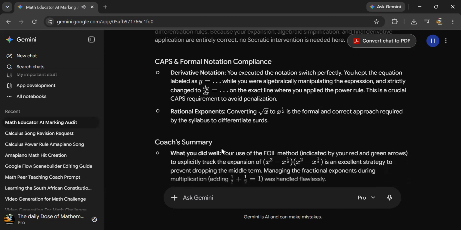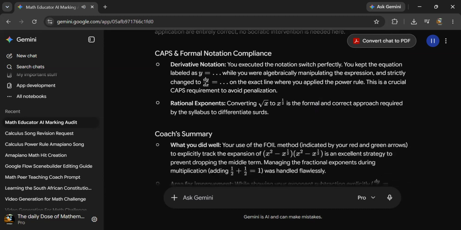CAPS and formal notation compliance. Derivative notation. You executed the notation switch perfectly. You kept the equation labeled as y equals dots while you were algebraically manipulating the expression, and strictly changed to dy/dx equals dots on the exact line where you applied the power rule. This is a crucial CAPS requirement to avoid penalization.